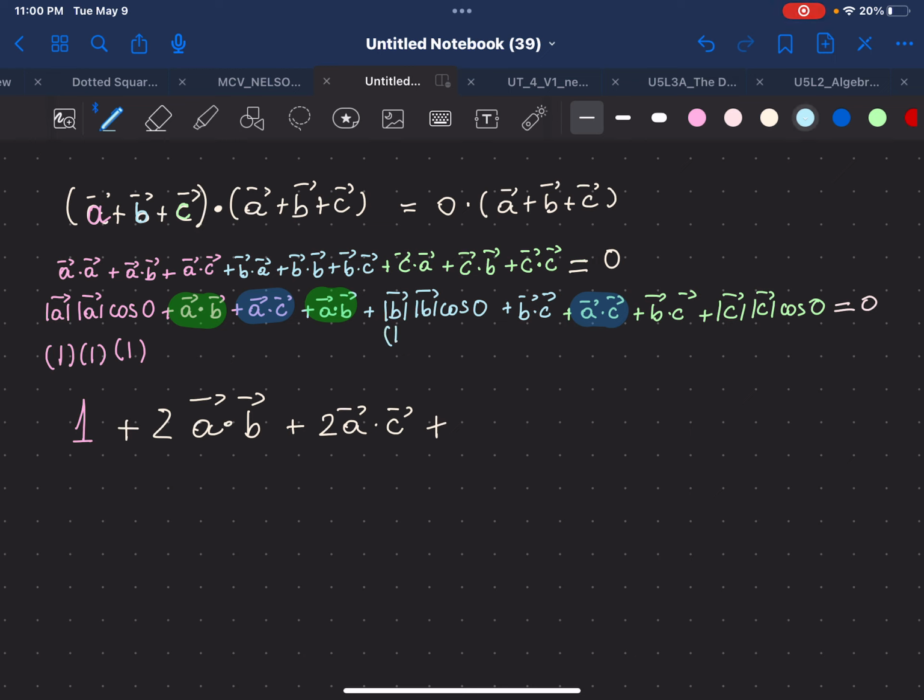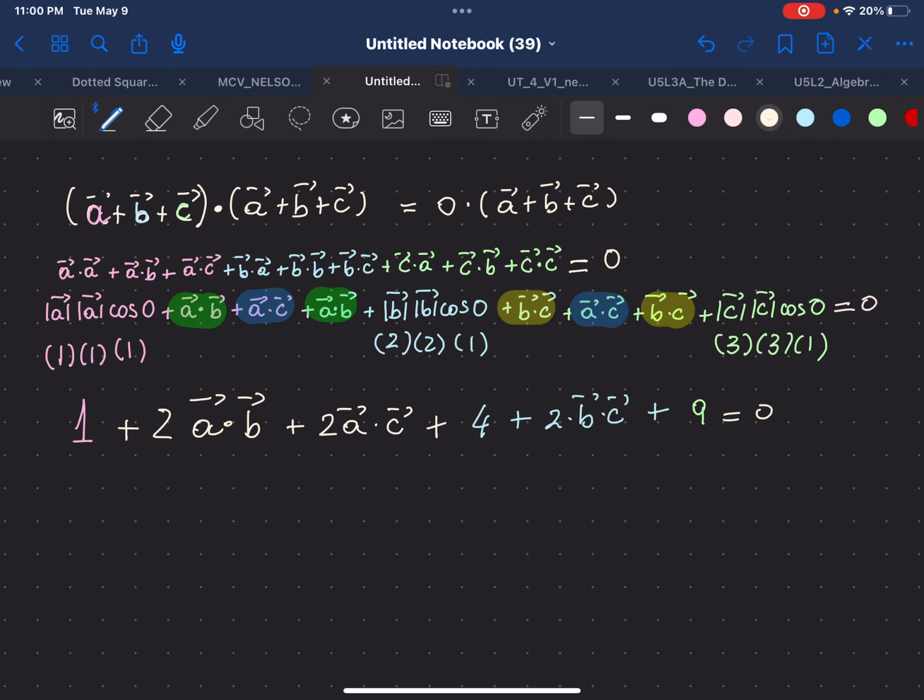So the magnitude of b squared is actually 2 times 2 times 1. And we have b dot c, two of them. And then c dot c cosine 0, which would equal 3 times 3 times 1. That's a 9.